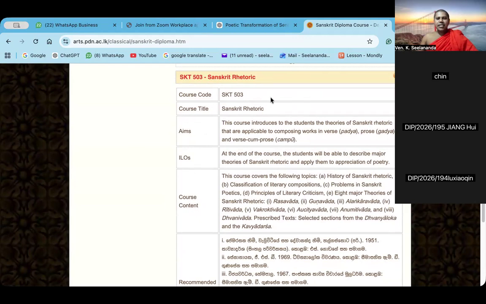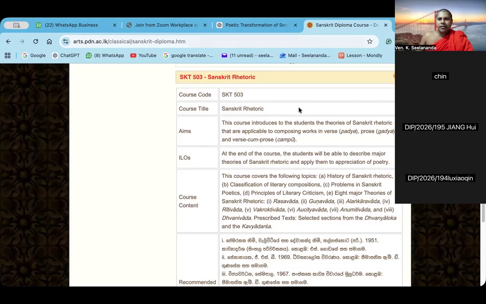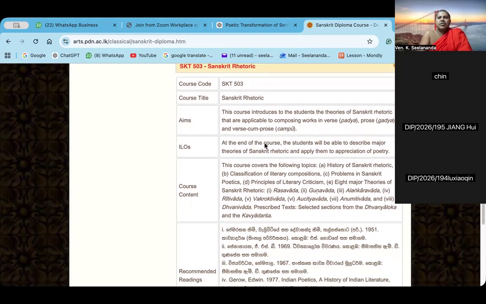This is the content of this course. I think you already know. The course code is SKT503. The title is Sanskrit Rhetoric. The aim or purpose of this course is to introduce the theories of Sanskrit rhetoric and also to apply them to Sanskrit works in verse, prose, and verse-cum-prose.